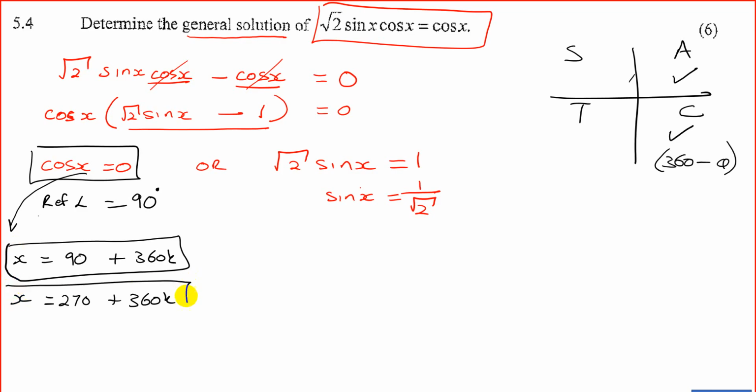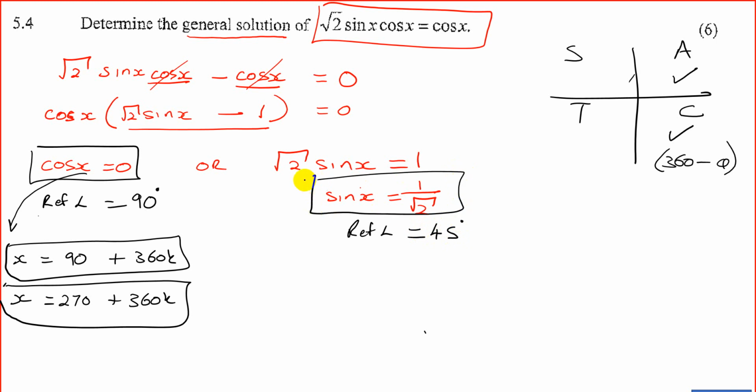Looking at the other side, we want to find a reference angle. Sine x is equal to 1 over root 2, and if we use our calculator here, shift sine 1 over root 2, that should give us a reference angle of 45 degrees. Remember that sine is positive, and returning to the CAST diagram, we know that sine is positive in quadrant 1 and quadrant 2.